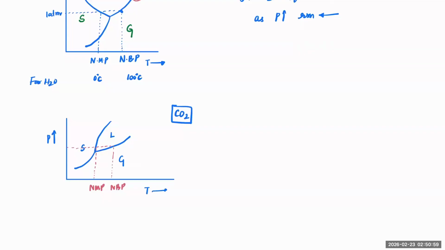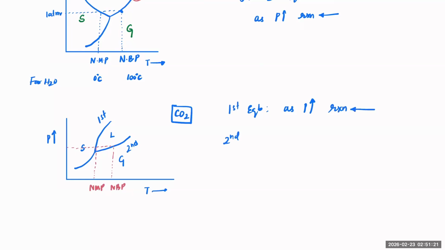And now notice, as pressure increases, this is the first equilibrium, this is the second equilibrium. So if you compare the first equilibrium, as pressure increases, the reaction is actually going in the solid direction. So the reaction will move in the backward direction.